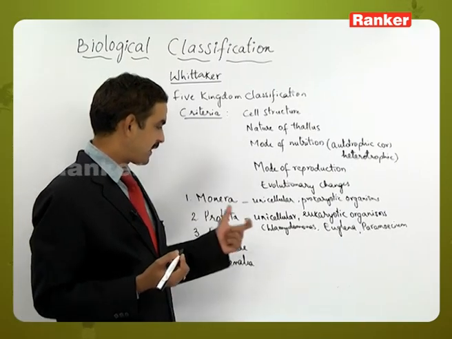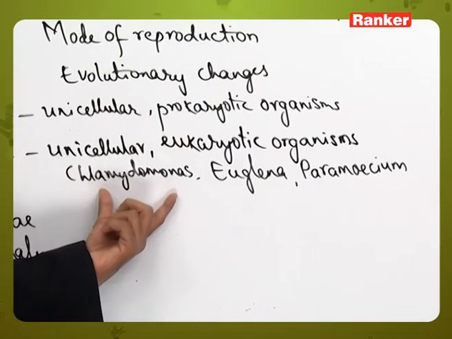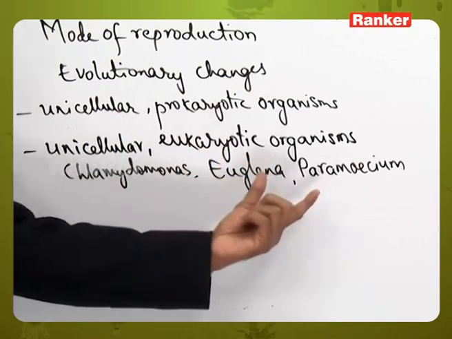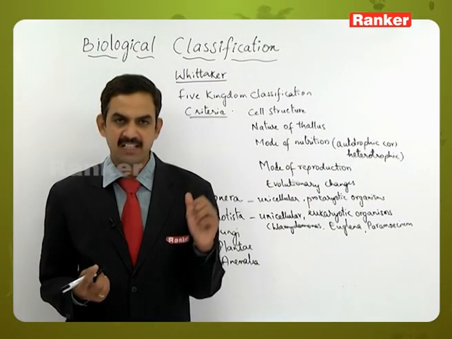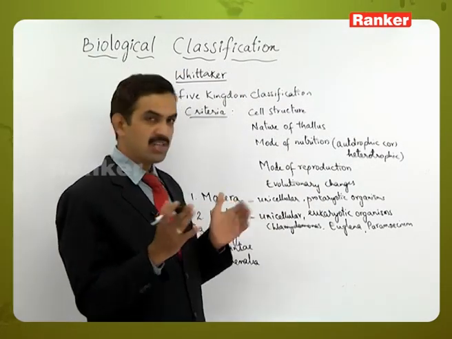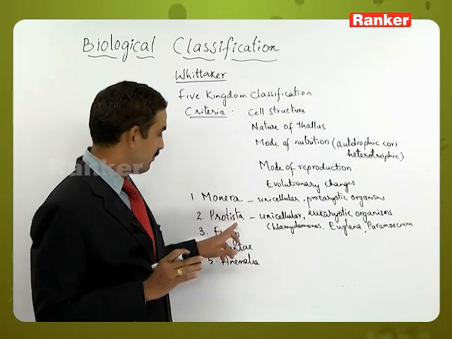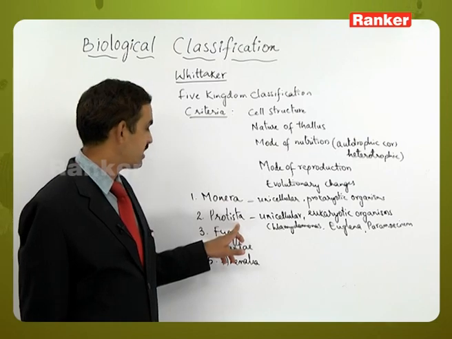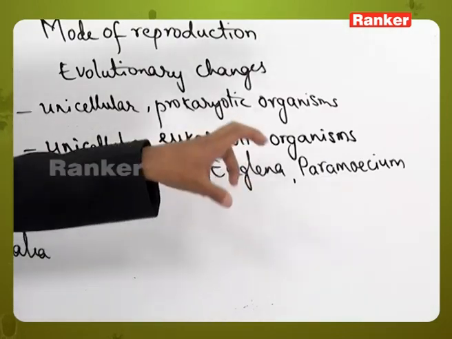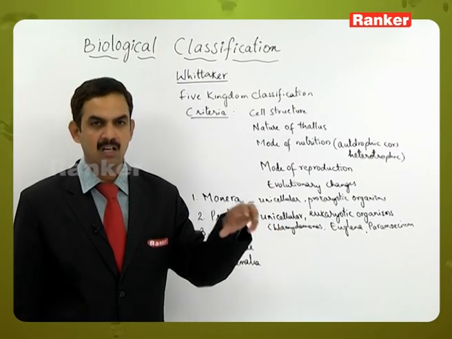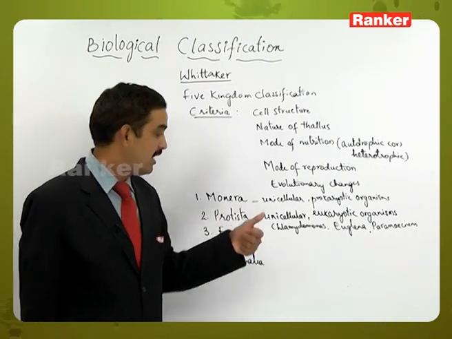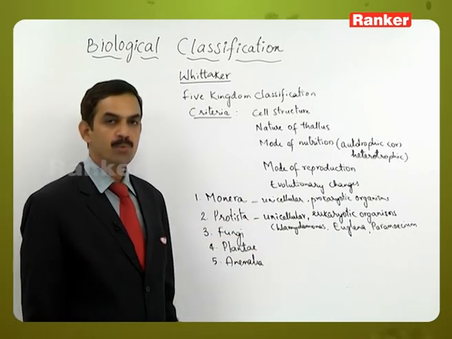In the earlier classifications, Chlamydomonas was present in one kingdom and Euglena and Paramecium were kept under some other kingdom. But the organisms have been shifted from one kingdom to the other. Based on the criteria taken by Whittaker, Chlamydomonas, Euglena and Paramecium, which were kept under different kingdoms in earlier classification, now have their place in Protista.